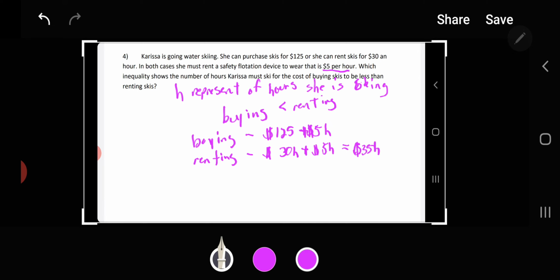That's what it's going to cost her. So once again, set up our inequality. We want the buying of $125 plus her $5 per hour for a flotation device to be less than the total cost of renting, $35 per hour. Alright, so there's our inequality.